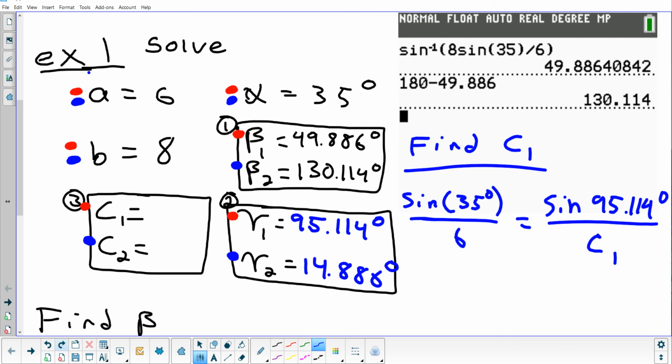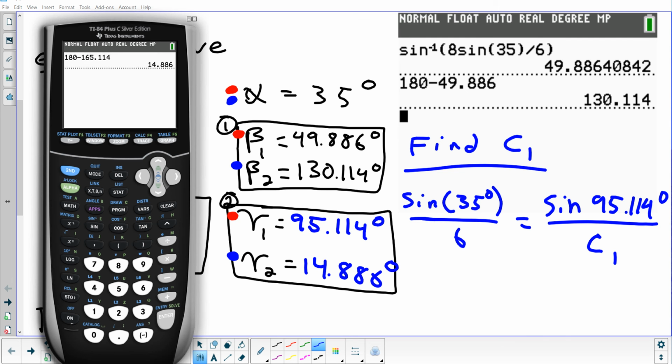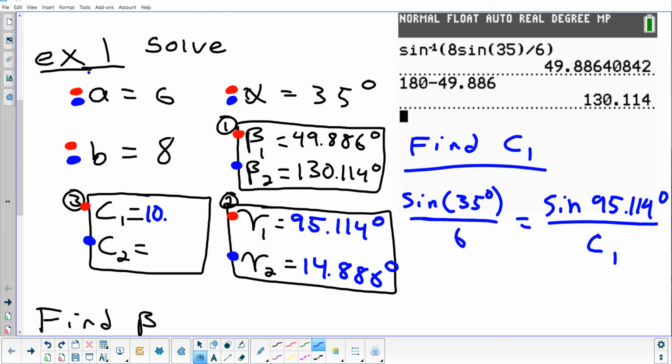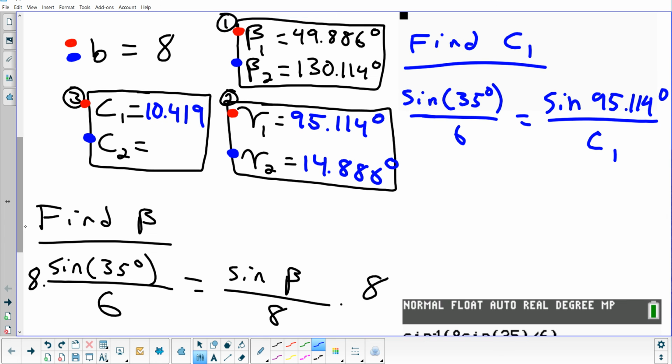Okay, cross multiply, and there's your answer for C1. So 6 sine 95.114. Make sure you close the parenthesis and divide by sine 35. 10.419. Okay, so now we've got C1.